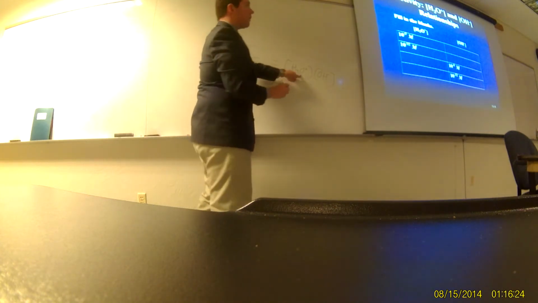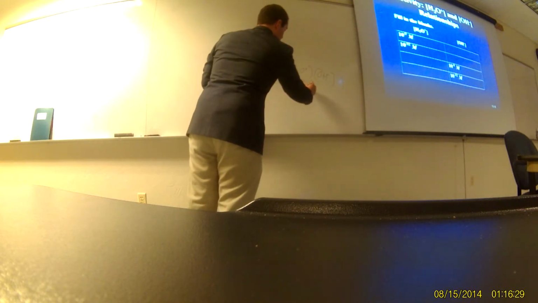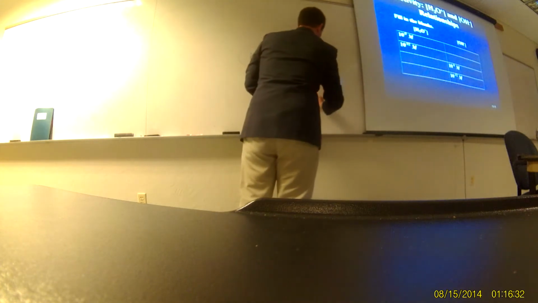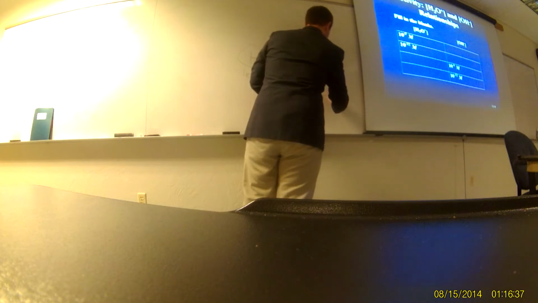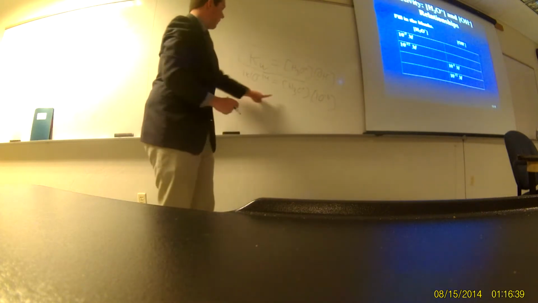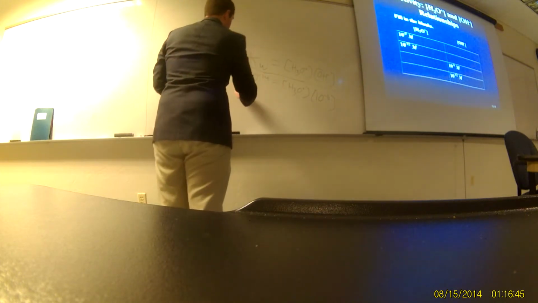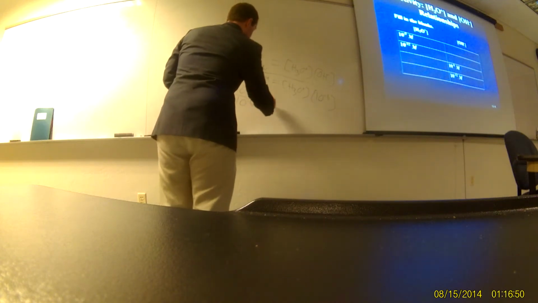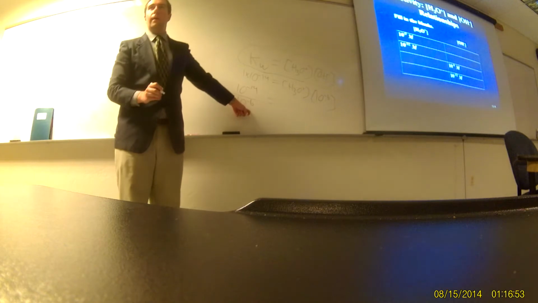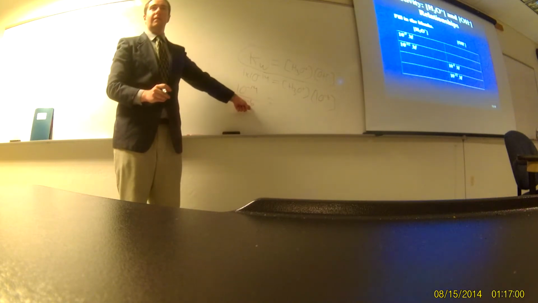H3O plus is what I'm trying to solve for, and I know my OH minus is 10 to the negative 6. So I need to solve for that. I get 10 to the negative 14 divided by 10 to the negative 6 equals what? Negative 14 plus 6 is negative 8.